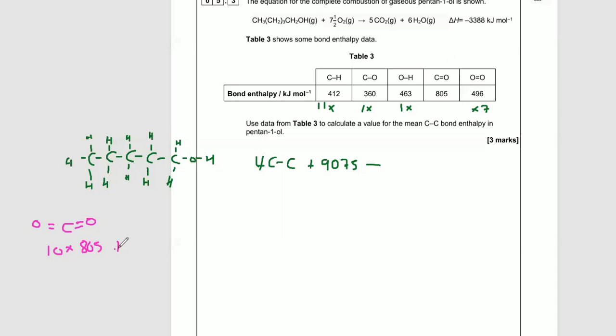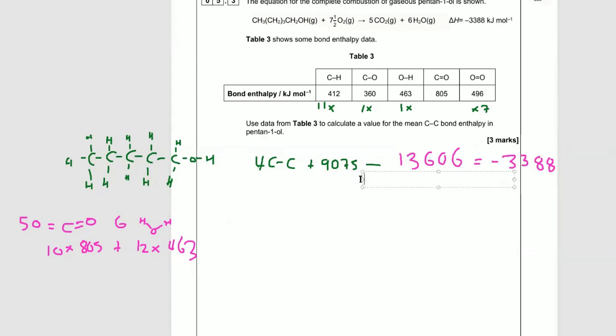There's 2 C double bond O in the carbon dioxide. You get what I mean? And then the H2O, a water molecule has 2 O-H bonds. As there's 6 water molecules, there's going to be 12 times 463. If I smash that all together, I'm going to get a total bond enthalpy of 13,606 for the product side.